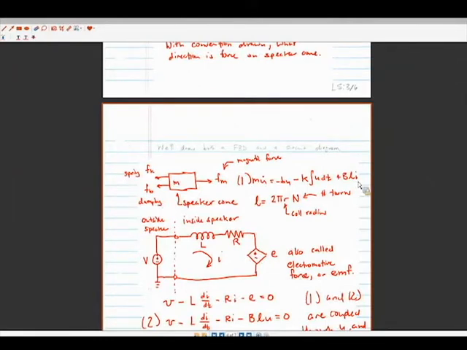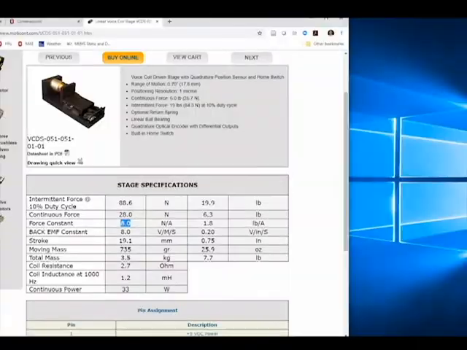That is the gain in terms of newtons per amp that you get from this voice coil motor. The other element here it gives you is the back EMF constant, right? So this is the back EMF term here, and that's in the form of, I guess, volts per meters per second, right? So that is the amount of voltage you get for this coil moving at a certain velocity, right?